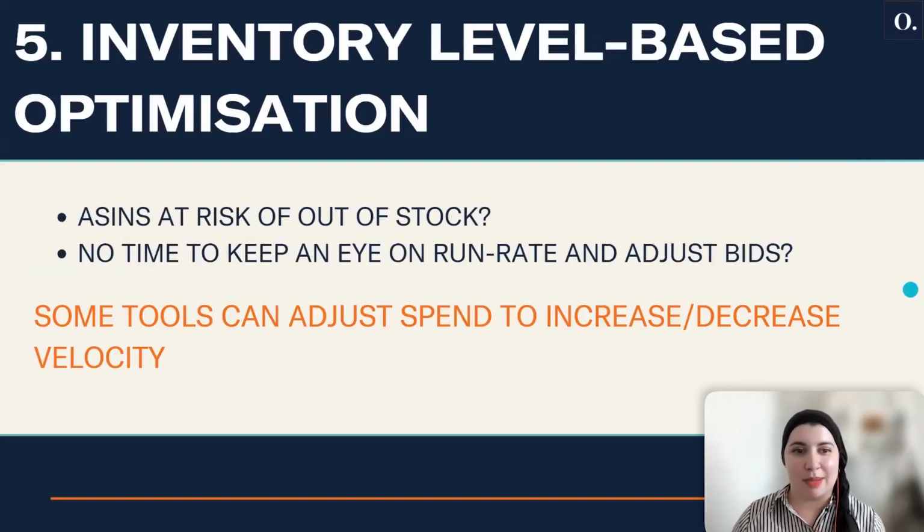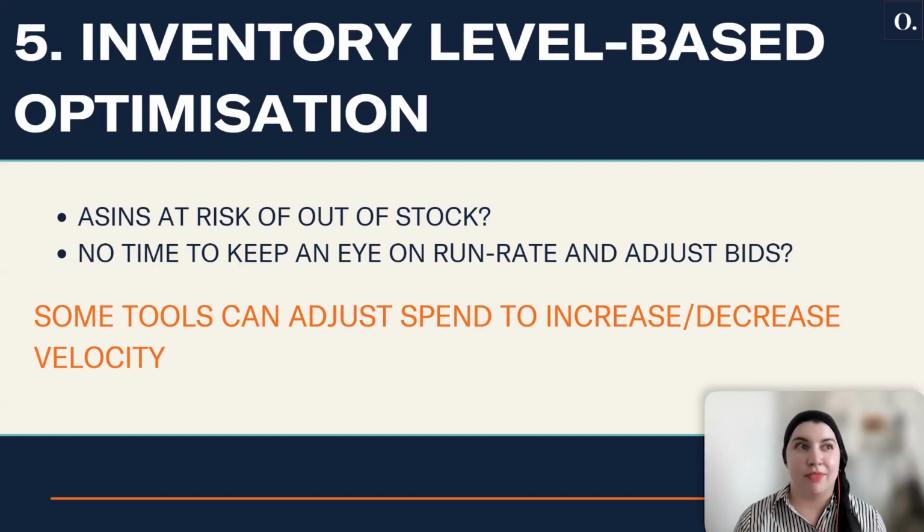The next type of optimization that I want to cover is the inventory level based optimization. When it comes to this, obviously the last thing that we want is to run out of stock on our most important lines, as running out of stock really doesn't help our product ranking. Some tools can help us keep under control sell-through rate by monitoring inventory level and adjusting spend accordingly.